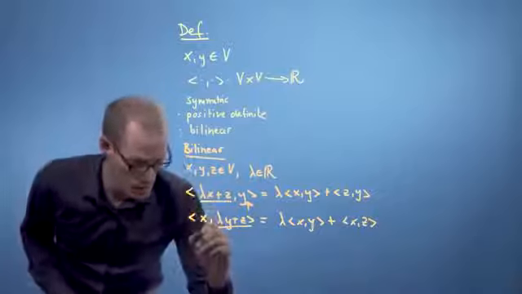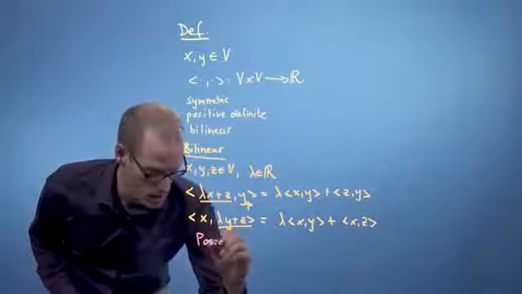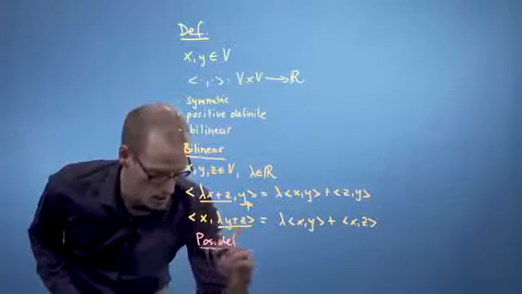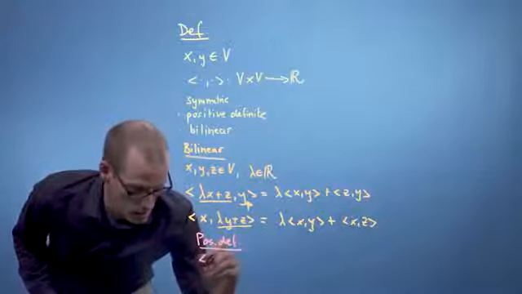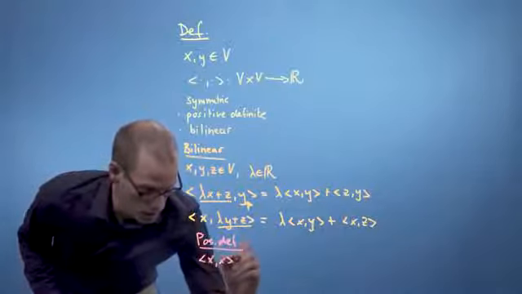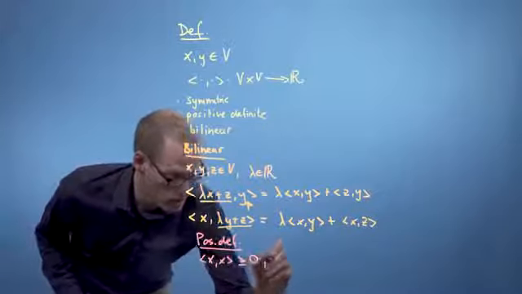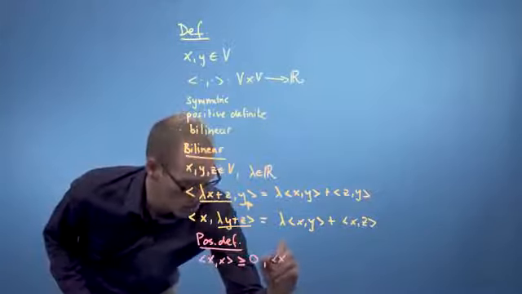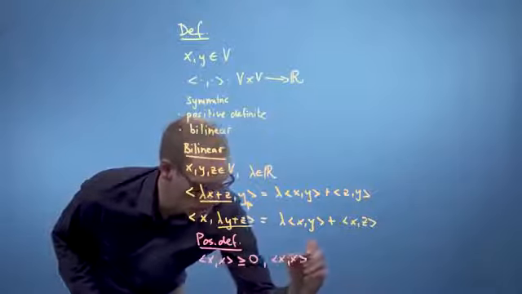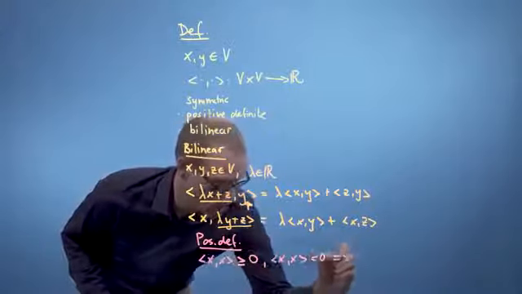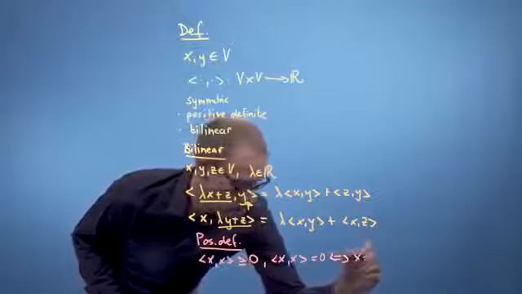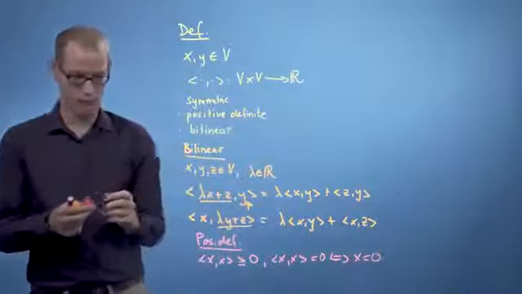So positive definite means that the inner product of x with itself is greater or equal to 0, and equality holds if and only if x is the 0 vector.